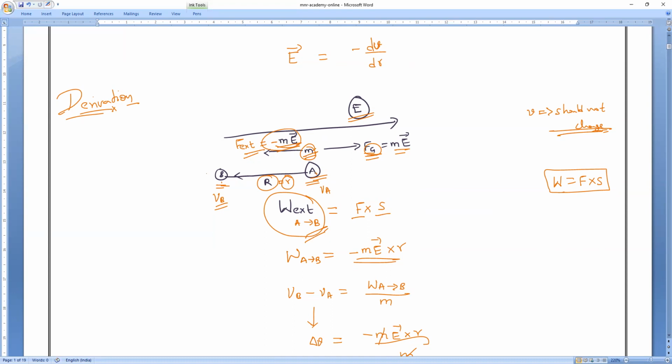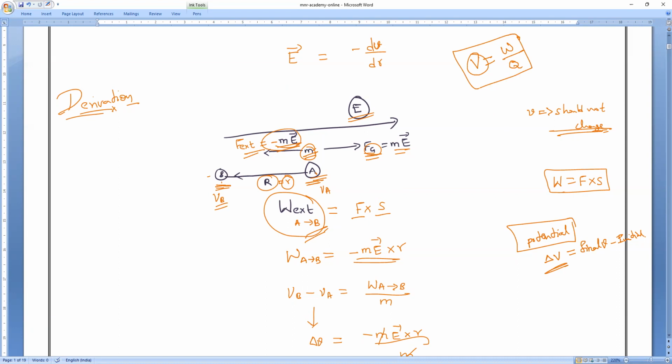If the mass M moves from A to B, there is a change in potential, which we call gravitational potential, delta V, the final V minus initial V. The final point is B and the initial point is A, so delta V is V B minus V A. Even from 10th class, we know V is the potential difference, the amount of work done to transfer a Q amount of charge.